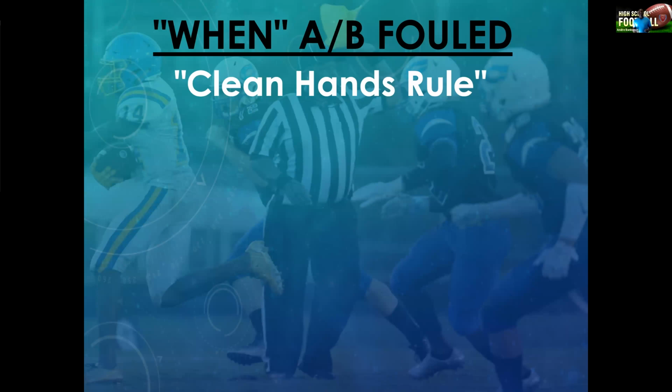So that is what. Now we're looking at when. So when A or B fouls, it's very important to know when the foul happened. Why? Because when it gets down to clean hands, it helps us to know if B is going to keep the ball or we're going to have a double foul. Okay?